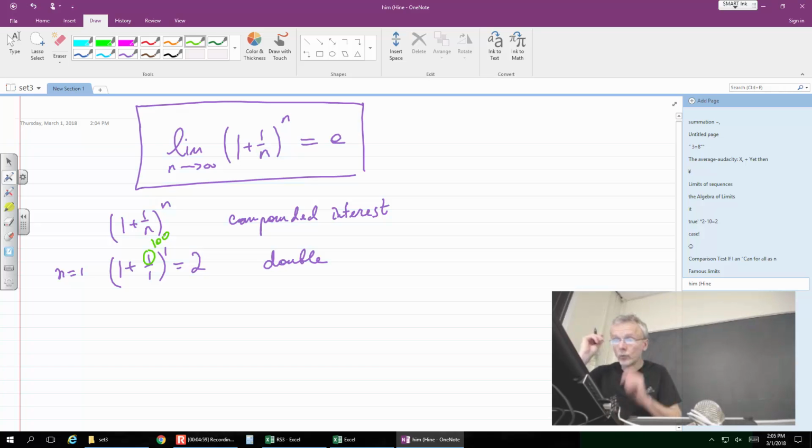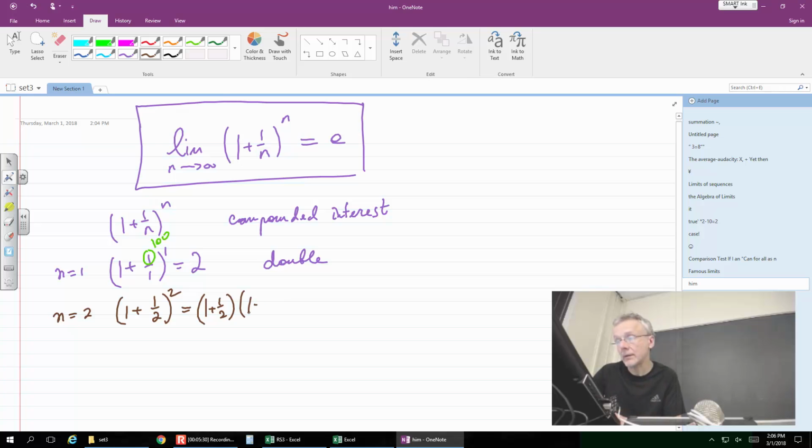However, you can make more money with the same percentage rate if you compound it twice. You compound it every half a year. So the interest is the same, but what's going to happen is I will go with 1 plus 1 over 2, all squared. In other words, you get 50% the first time, and then 50% the second time.